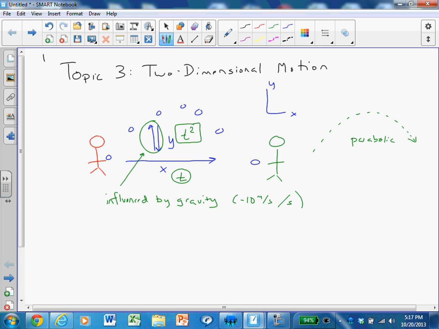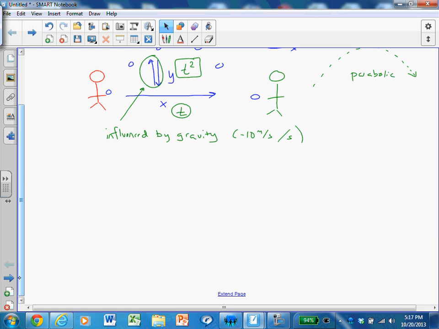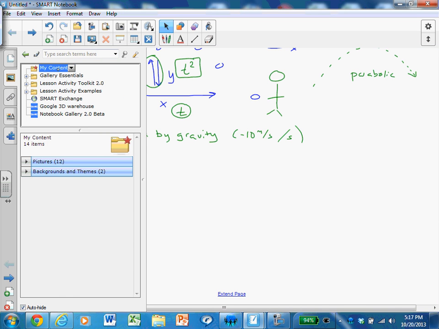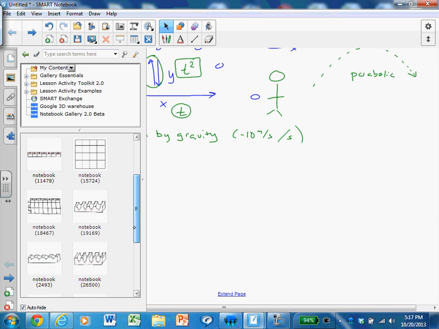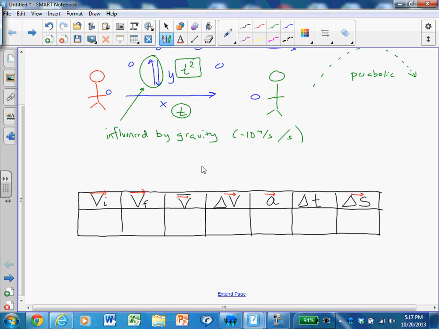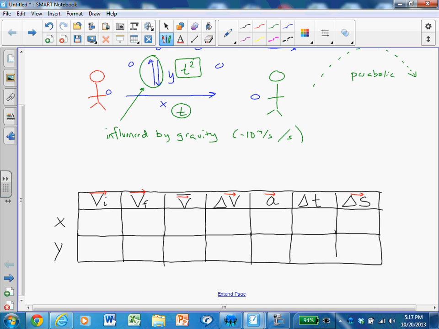And we're going to organize it still using a really good chart. And this helps out because what we do for this case is we have a double one, where we have the x direction, but we also have the y direction.